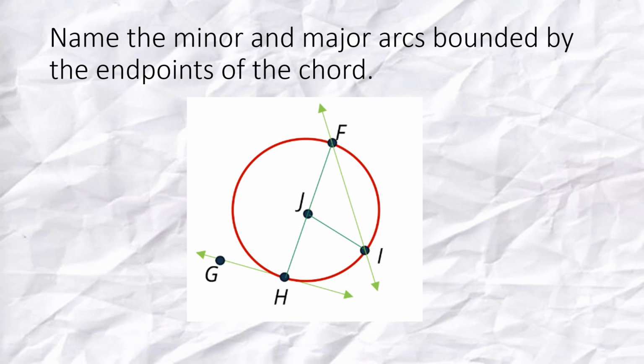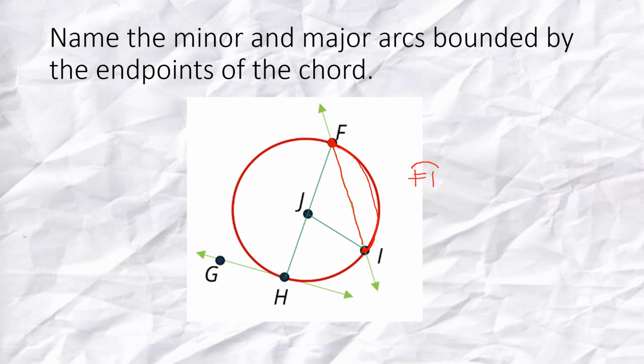Notice that the endpoints of chord FI are points on the circle J, namely points F and I. To name the minor arc, look for the arc bounded by FI that has a measure less than 180 degrees. Name it using two letters corresponding to the points that bound it. Thus, the name of this minor arc is arc FI.